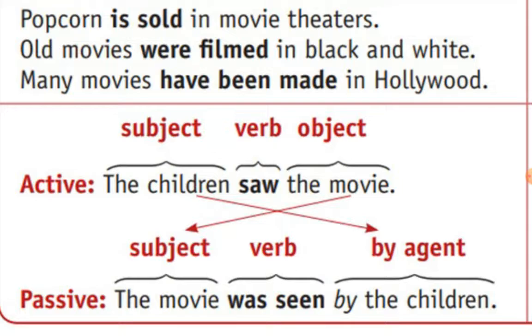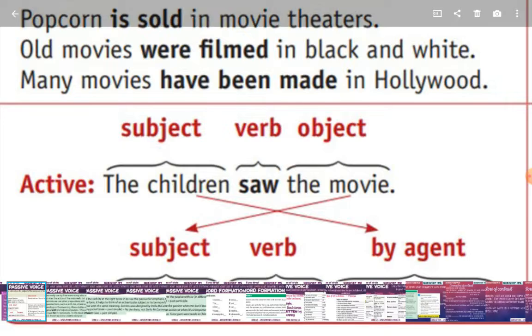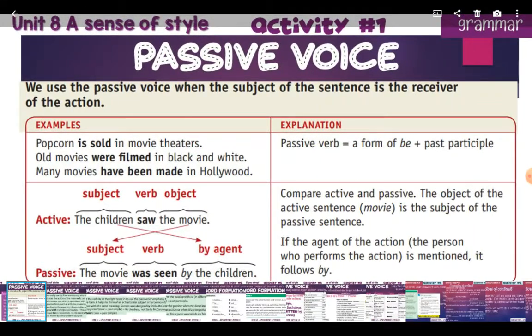So the main thing here is not to check who did it. The main thing here is to check what was done by these people. In this case, what the people did is see the movie.